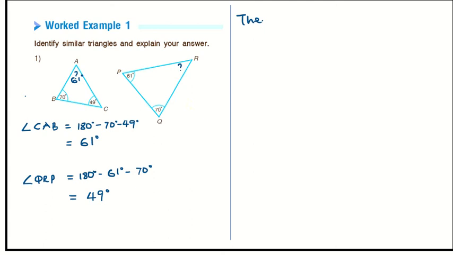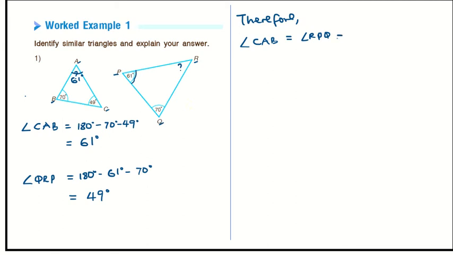Therefore, we note that angle CAB, this one, is equal to angle RPQ, this one.